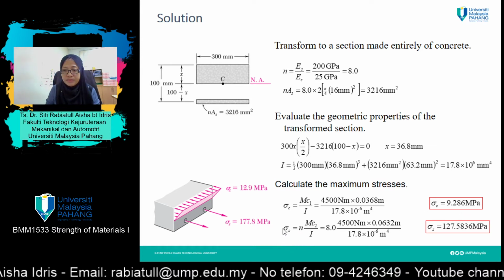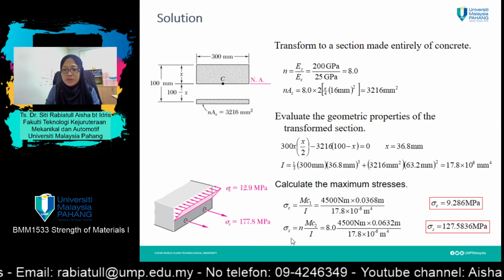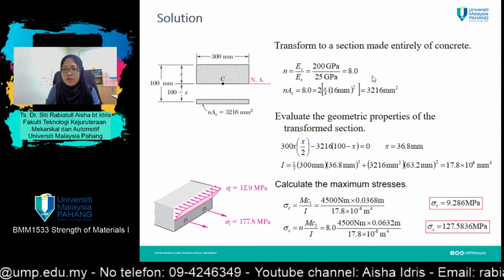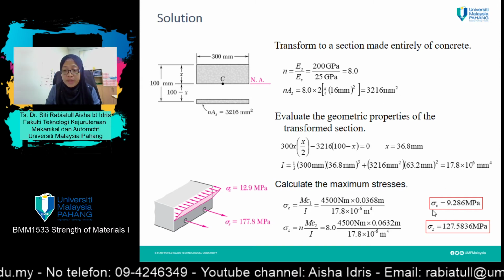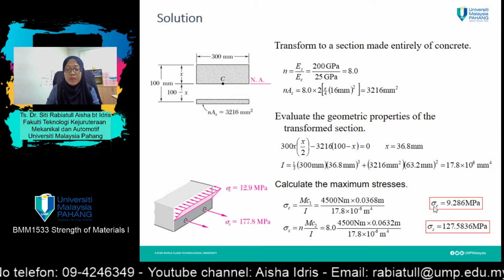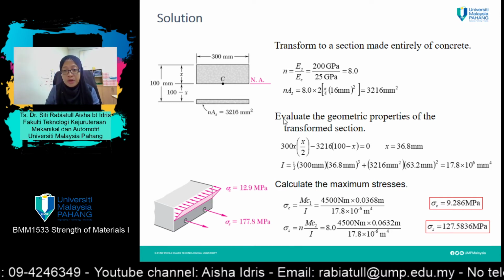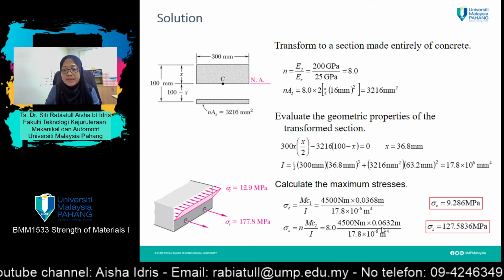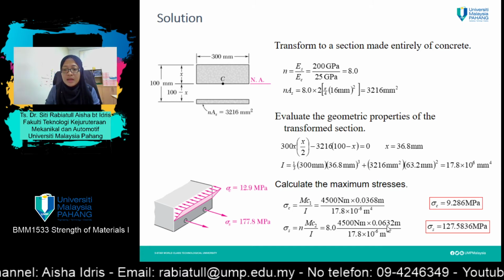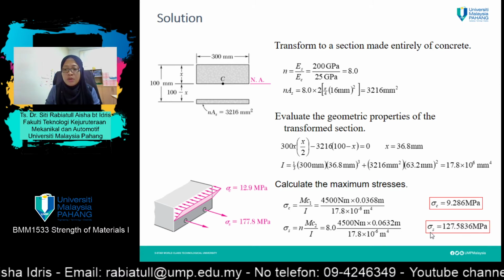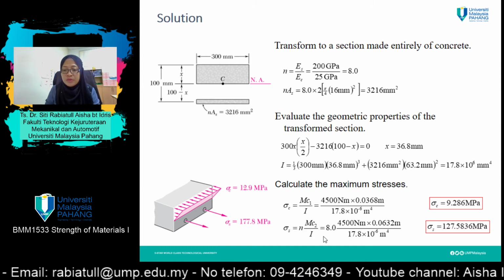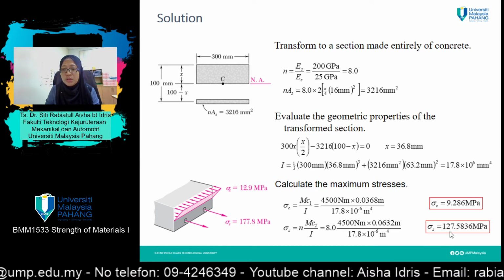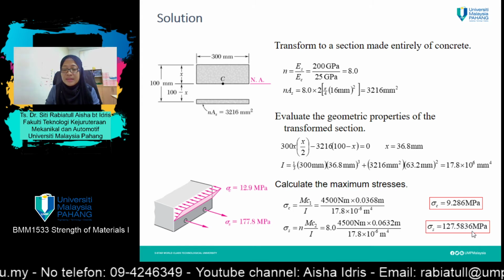Whereas for steel, in this case you cannot straight away multiply the value of n with the stress for concrete, because the location is changing. Therefore you need to find the value of C2, which equals 0.0632 meter. Only then can you substitute into the formula. You will get the stress for steel equals 127.5836 megapascal.